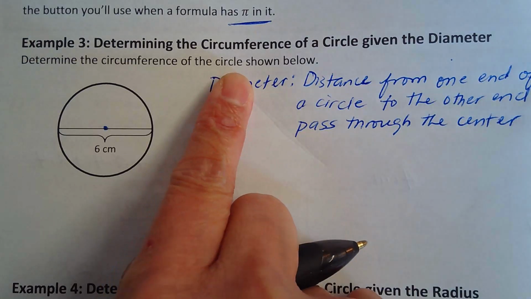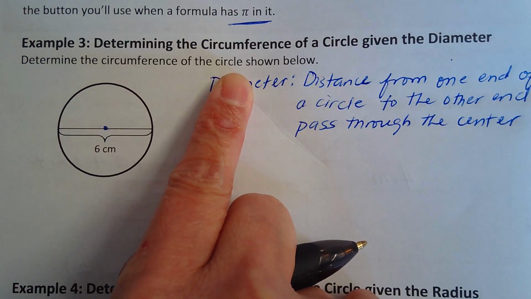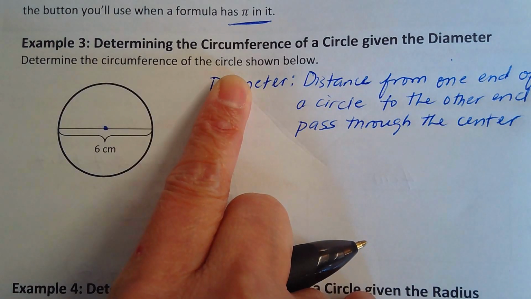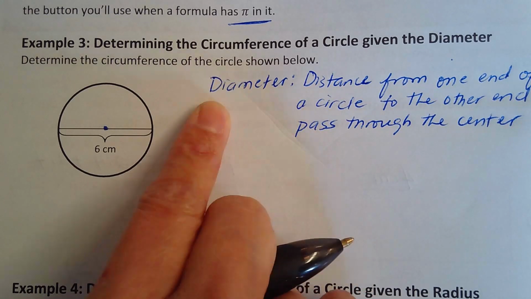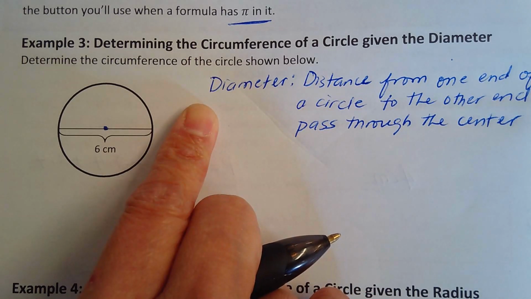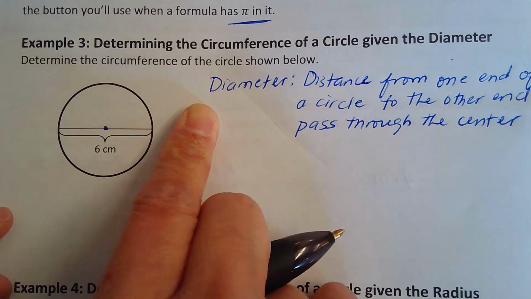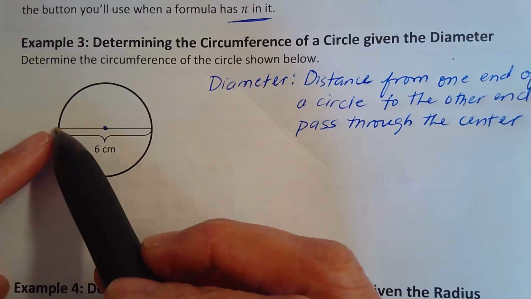So remember, circumference is a fancy word for the perimeter of a circle. How many sides does a circle have? Two.